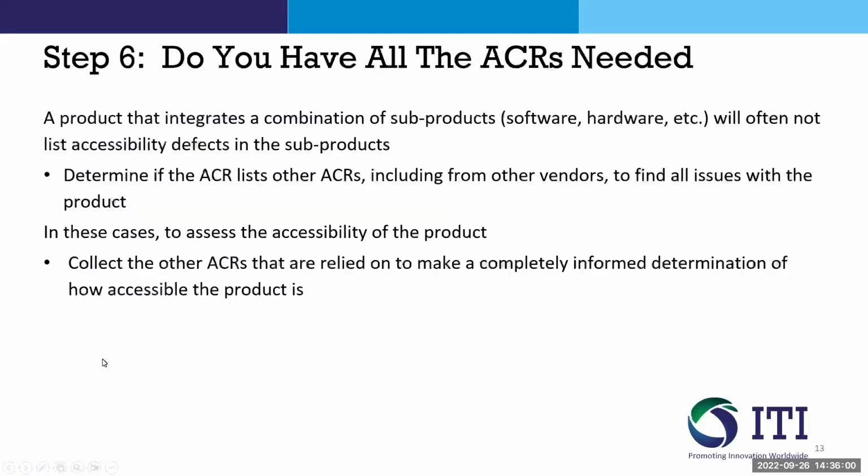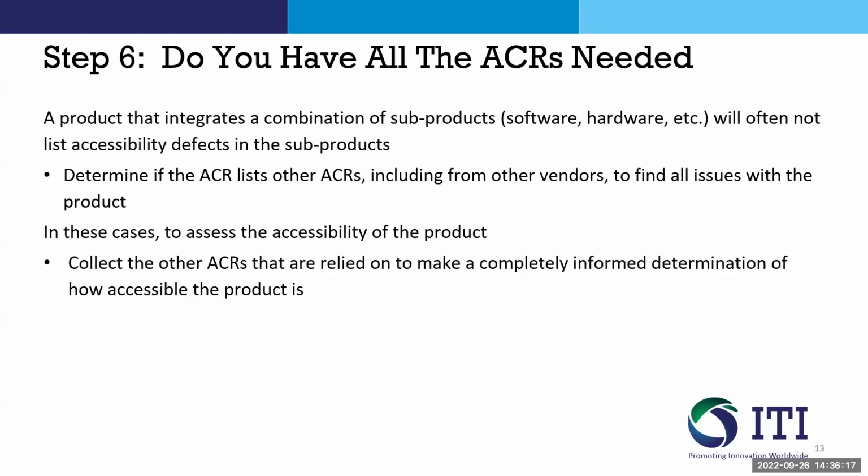Okay, now again, I alluded to this at the beginning, but step 6 in this process is to assess if you have all the ACRs you need. For example, one company may not report on another company's accessibility.